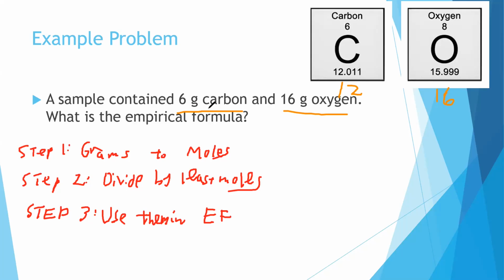Since we're kind of out of time, I'll start this one. I hope this one didn't have any nasty fractions in step 3, but okay, let's start. We start with 6 grams of carbon, and by the molar mass, 12 grams of carbon is 1 mole of carbon.